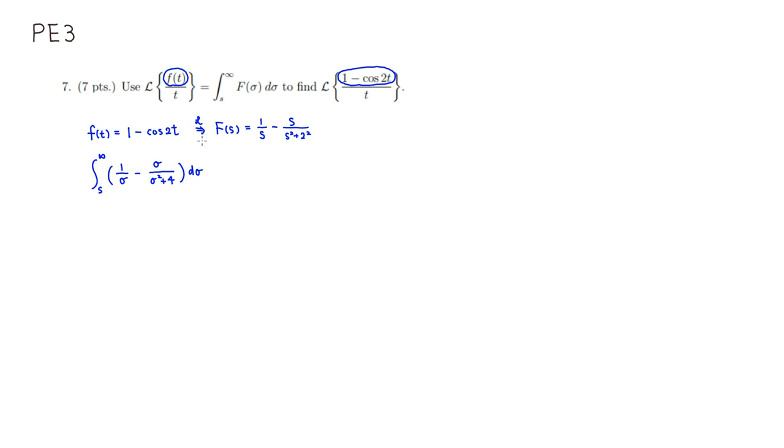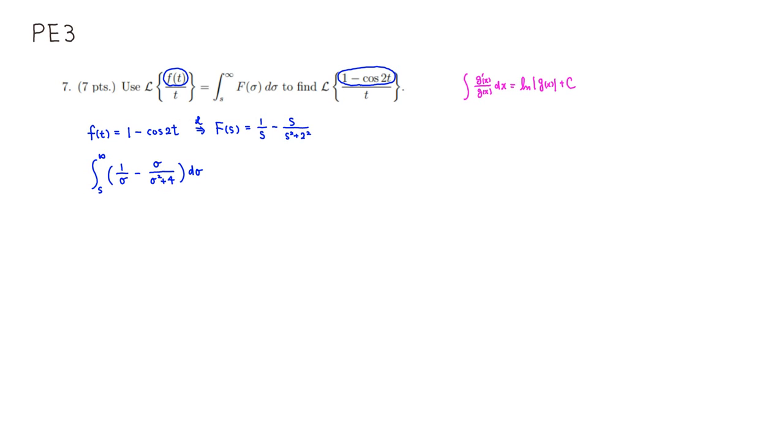First, I want to use the formula that the integral of g prime of x over g of x with respect to x is the natural log of the absolute value of g of x plus c. This almost has that form, because the derivative would give 2 sigma and we only have 1 sigma.